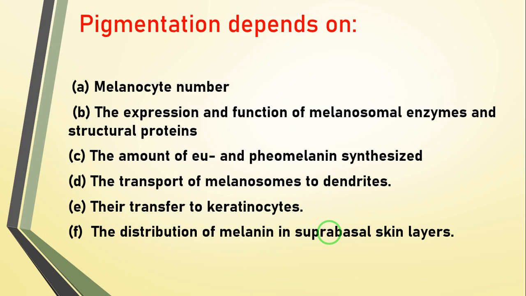The pigmentation depends on all these factors: the number of the melanocytes, the genetic expression of the proteins and the enzymes responsible for the melanin biosynthesis and transport, and how much of the different types of melanin, whether the eumelanin is synthesized more or the pheomelanin, the transport of the melanin from the melanocyte to the melanosome, then to the keratinocytes, and also the distribution in the skin.